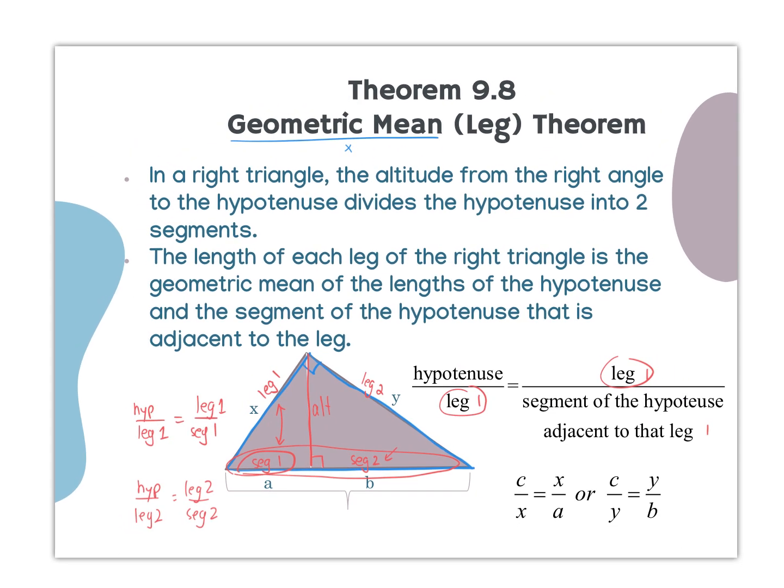If I was utilizing letters here, the way they do, they make the hypotenuse equal to C. So notice it's hypotenuse over leg 1 equals leg 1 over segment 1.